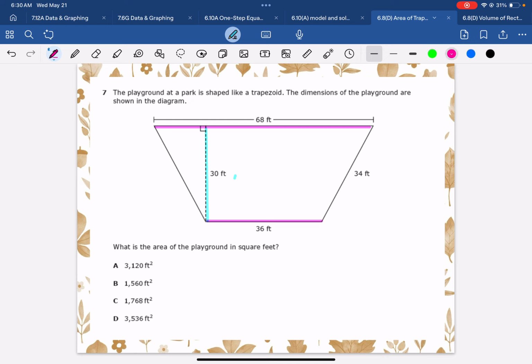I'm not sure why somebody would use these crazy numbers, and I guess it goes with the playground, but it just seems like a lot to do. But we're going to go through it. Just plugging it in.